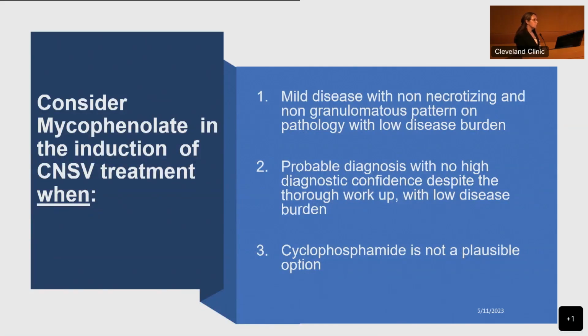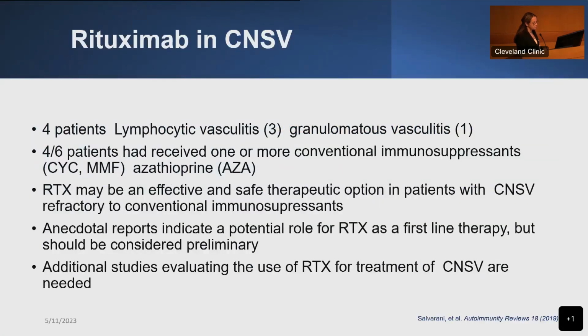There are roles for mycophenolate in this disease, and this is when you have mild disease with non-necrotizing, non-granulomatous pattern, and with a probable diagnosis with no high diagnostic confidence, and when cyclophosphamide is not plausible.